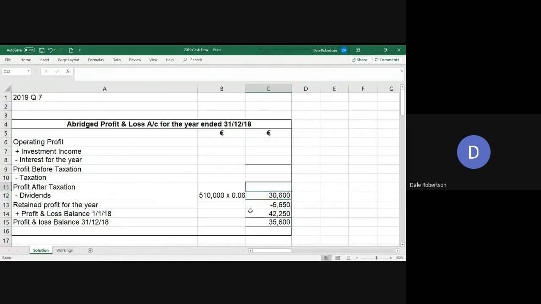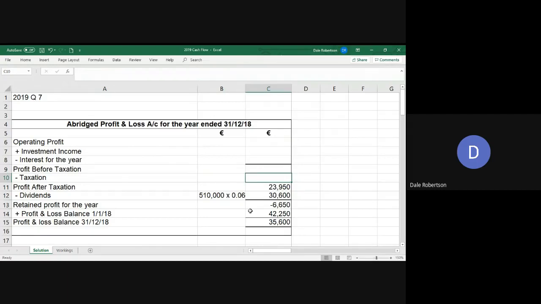Now, how do we get our profit after tax? Well, something less 30,600 gives you minus 6,650. So that something is going to be 23,950 if you do that in the calculator. And then we're looking at our tax situation. And again, the tax is given to you quite easily in note number 5.